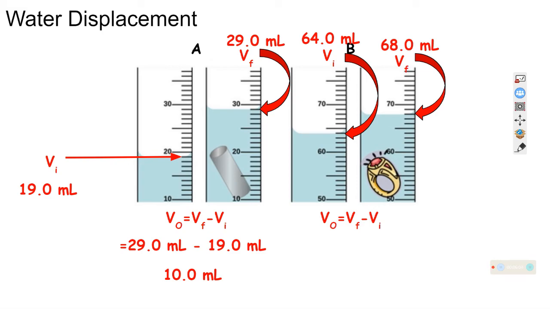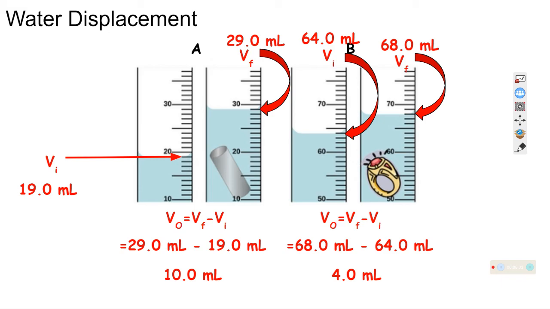Remember, VI is before the object is added, and VF is after the object is added. So what would be the volume of the ring, VO? You're going to calculate that by taking 68.0 milliliters minus 64.0 milliliters, giving you an answer of 4.0 milliliters.